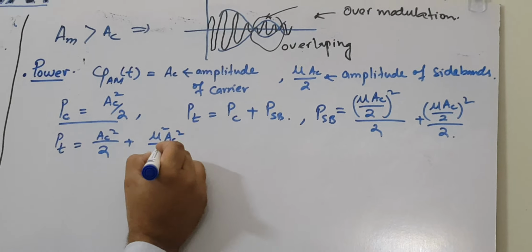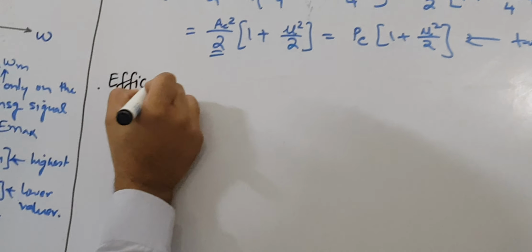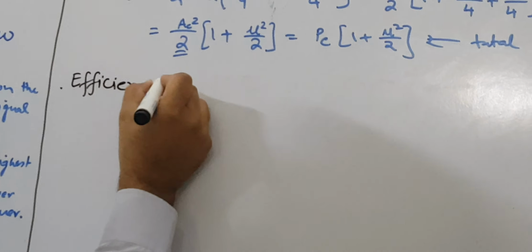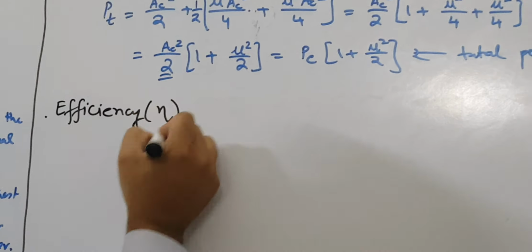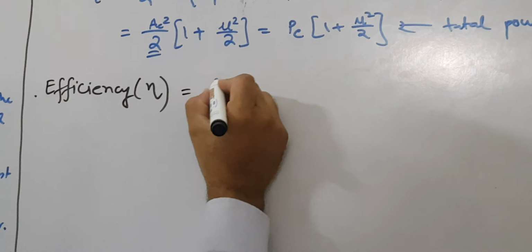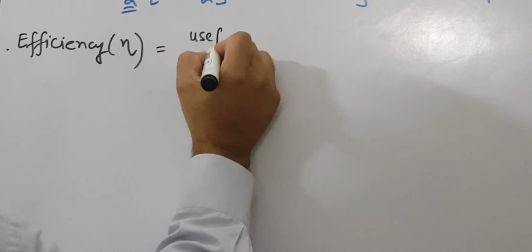The second component you want to calculate is the efficiency. Efficiency, eta, is the ratio of the useful power to the total power.